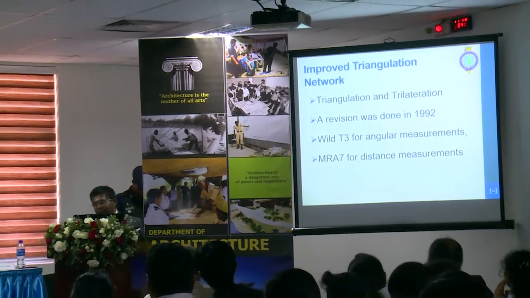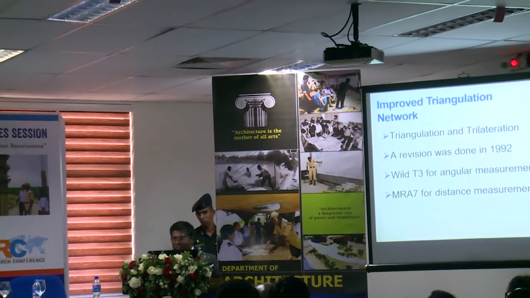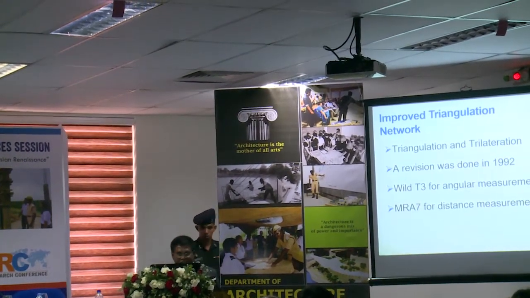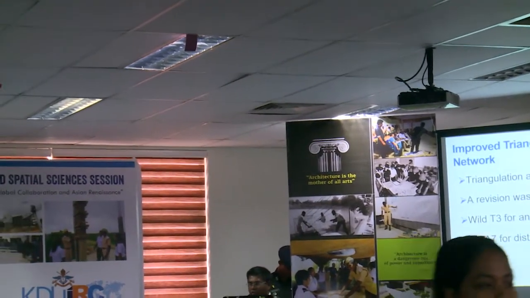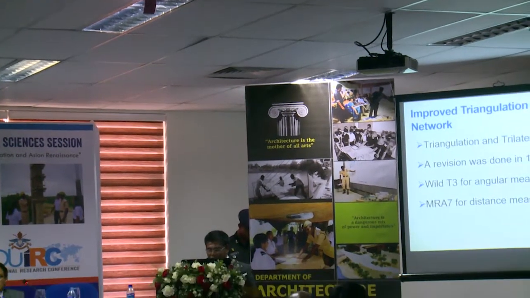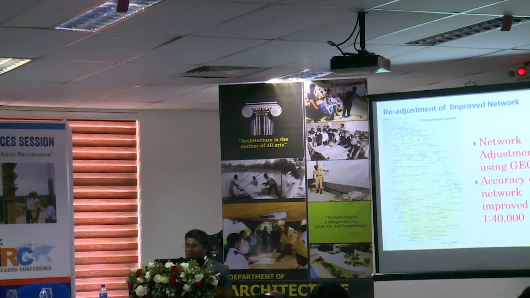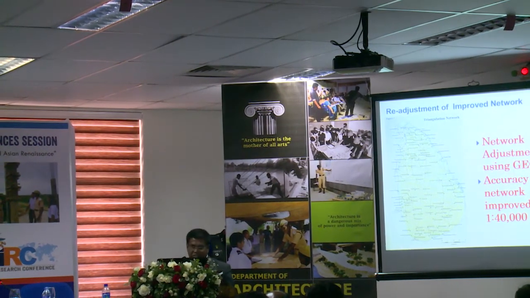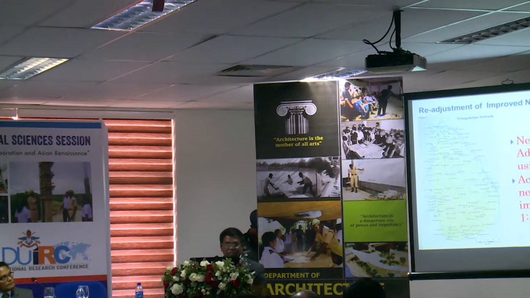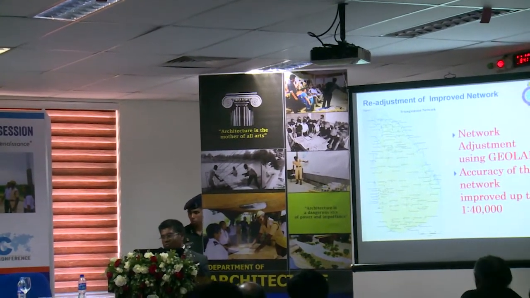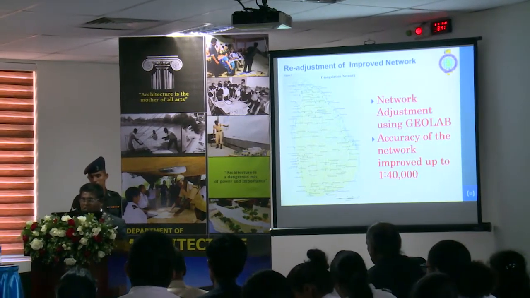But in the 1992 triangulation, we measured all the distances between the points. That is the difference. We used T3 equipment for the angular measurements and MRS7 for the distance measurement. With all these measurements, the network improved up to 1:40,000 accuracy. Even this accuracy is not enough for our present needs.